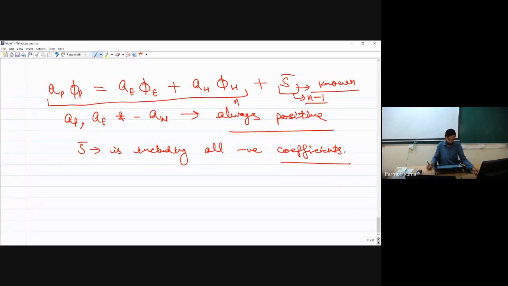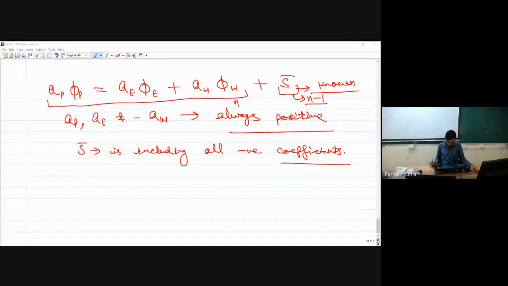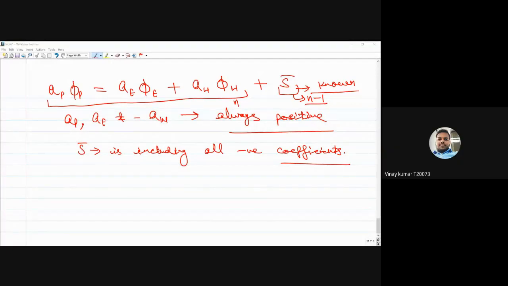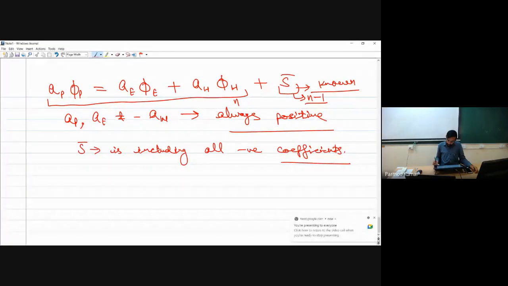Is it? Will it be known? Please say yes or no. Have you got this point or not? Yes. Okay. So this will be our known parameter, and all the coefficients I have got are nothing but positive.